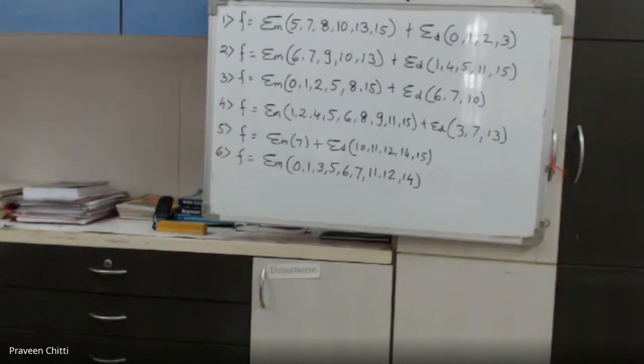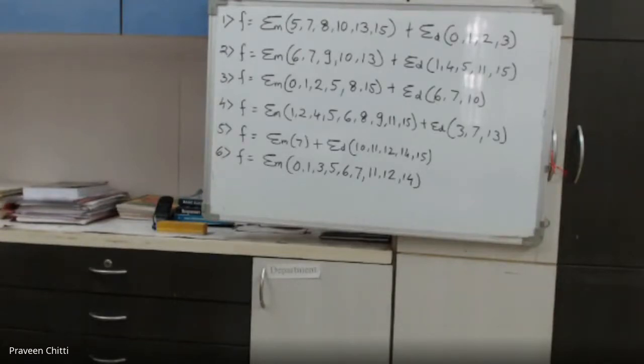Then the fourth example is F equal to sigma m 1, 2, 4, 5, 6, 8, 9, 11, 15 bracket complete plus summation d 3, 7, 30. Then fifth example is a typical example wherein there is single min term, that is sigma m 7, and there are 5 don't cares, that is 10, 11, 12, 14 and 15.